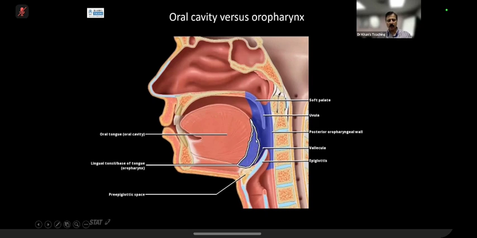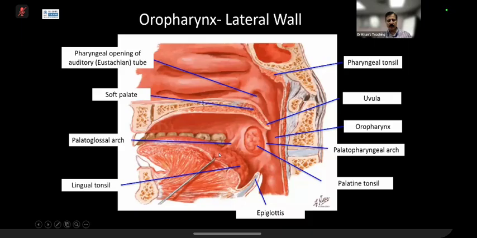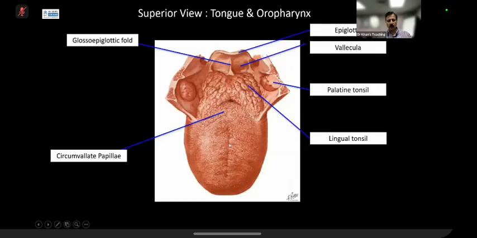We will learn this next time, but this is our curriculum today. And this part of the tongue has intrinsic muscles and extrinsic muscles. So this pillar is the boundary. Here are the circumvallate papillae on the tongue, and this is the palatoglossal arch, also known as the anterior pillar of the tonsil. If you see another view here from the superior side, these are the circumvallate papillae.